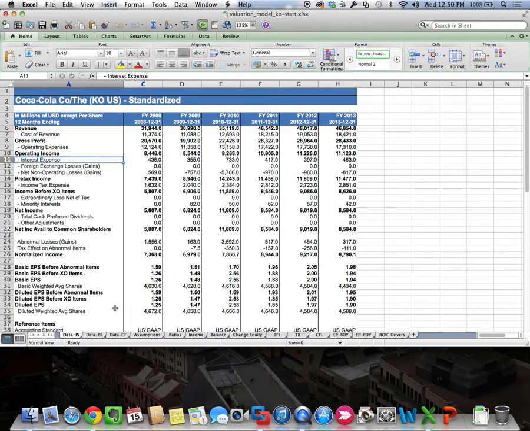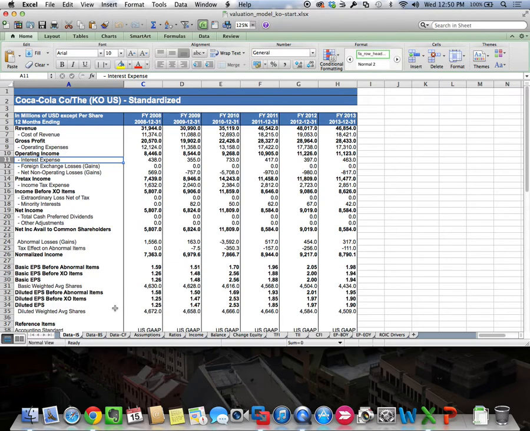All right, so we have the income statement, the balance sheet, and the cash flow that we just exported from Bloomberg as the first 3 tabs in this model. All right, so here's the nice thing. I've already put them in. You don't have to put them in.